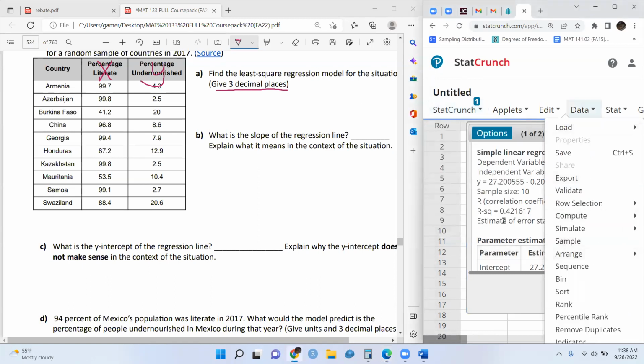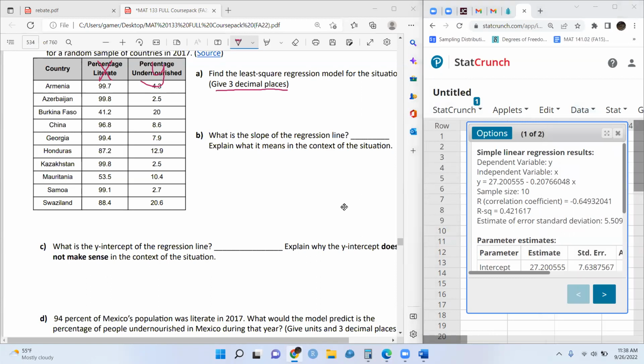And you said 0.4. Okay, so Emily, I love your answer. It's a great answer for the R squared value, which is the coefficient of determination, 0.4211.